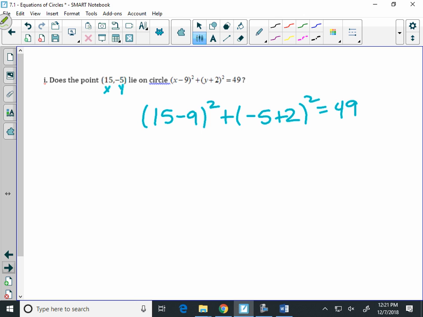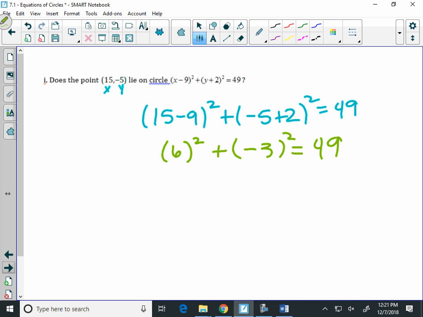So when we clean this up, what's 15 minus 9? 6. Plus, what's -5 plus 2? -3. So then when we plug this in your calculator, you have to have parentheses at least around your negative when you square it.